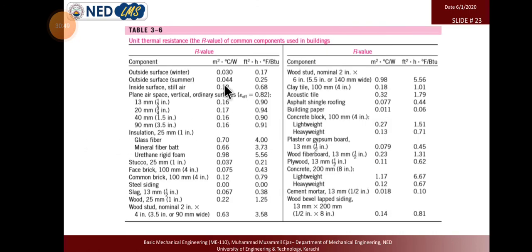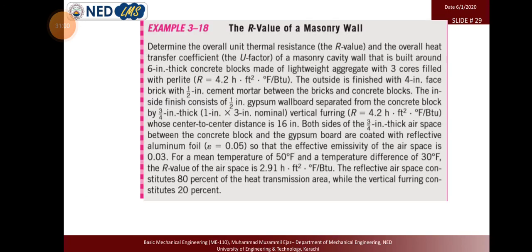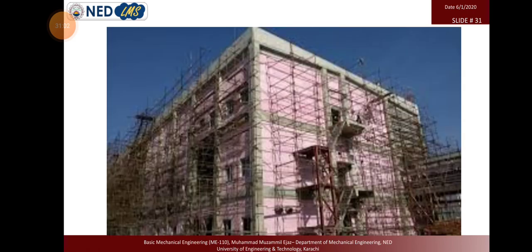But right now you get the concept of R values and U values, and also the comparison of R and U values of different construction materials. You see that I don't see many buildings in Karachi or in Pakistan covered with insulation.